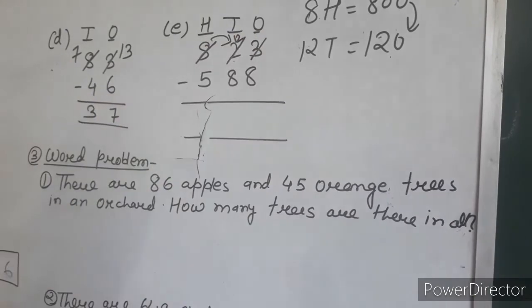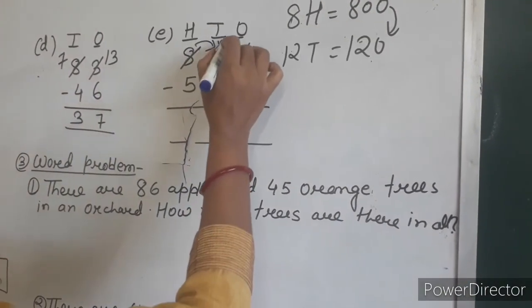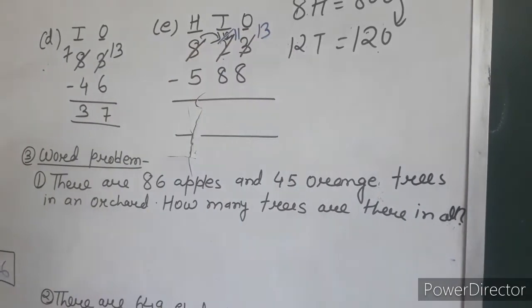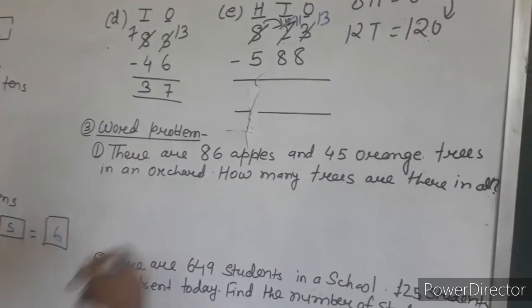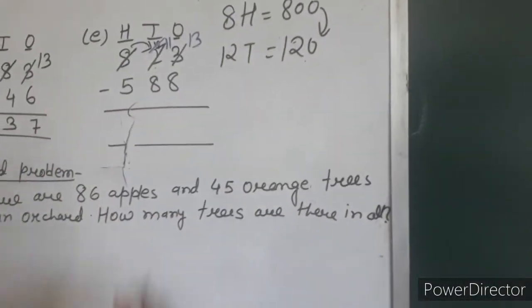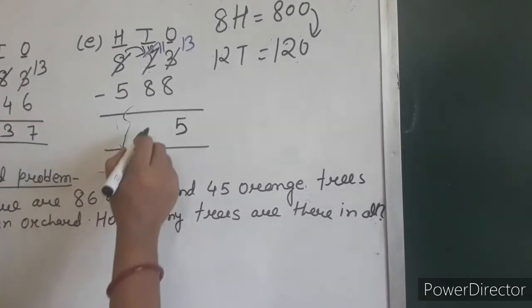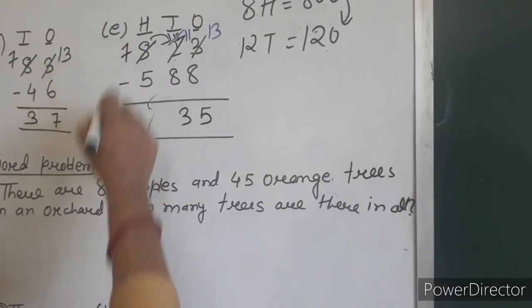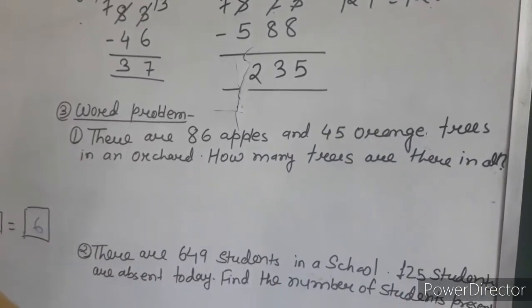So again we can cut this one. It will be 11 and this one will be 13. I have shown you already how to do these problems. Okay, then this one will be 5 and 8 minus 11 is 3, and this one will be 7, that is 235.